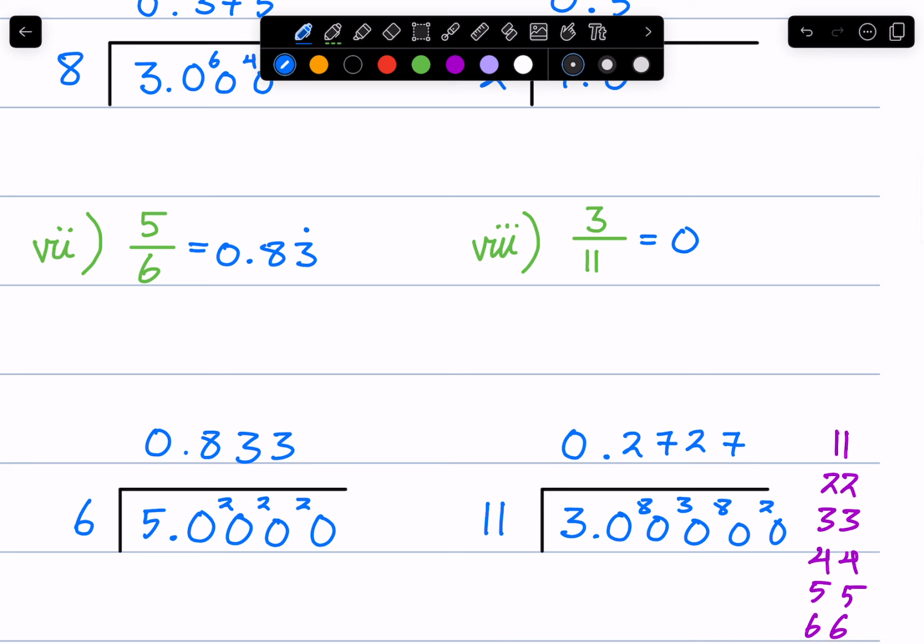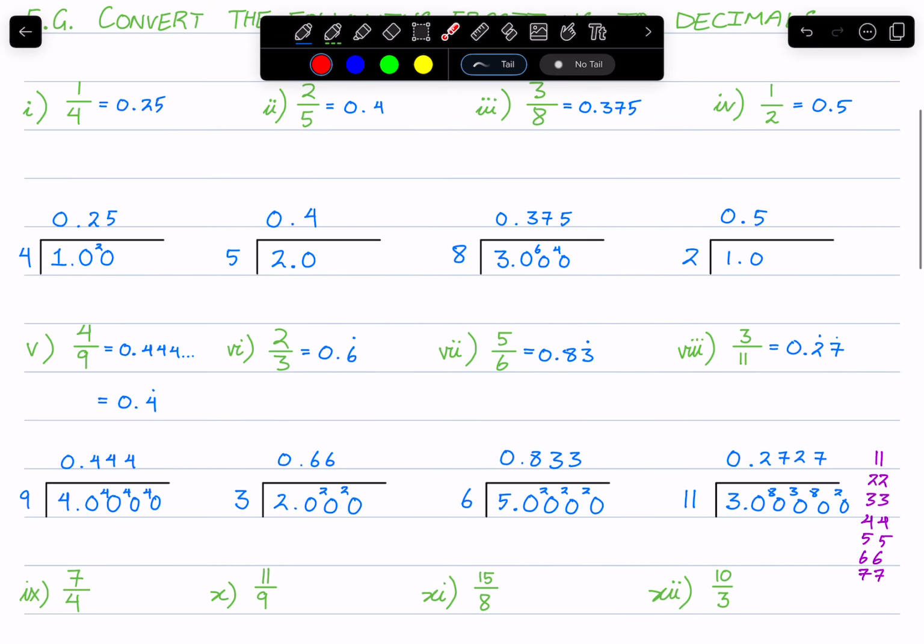This would be 0.27, and we draw a dot on the 2 and the 7 because both these digits will repeat again. So 0.27 will become 27, 27, and that happens infinitely.